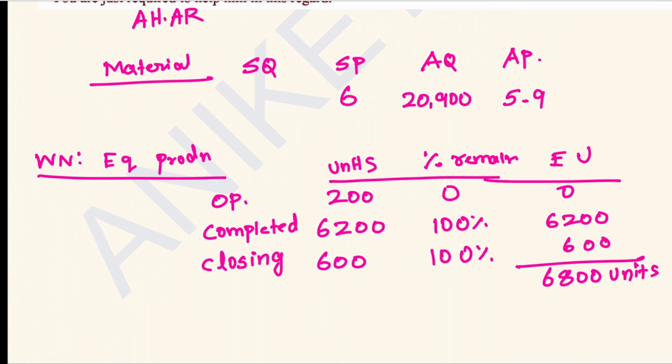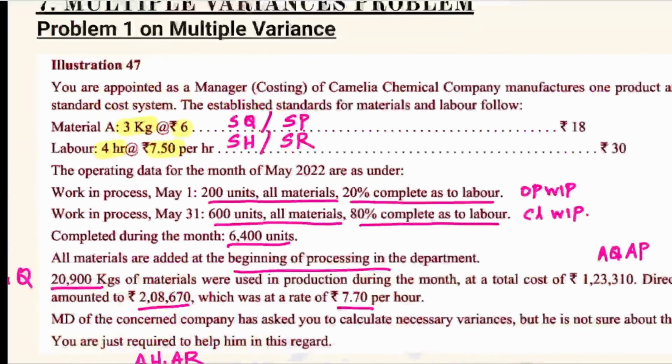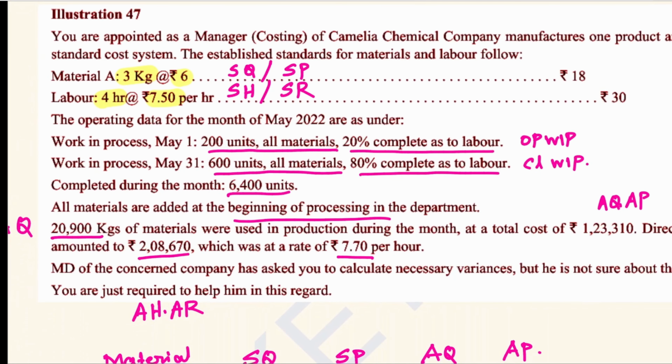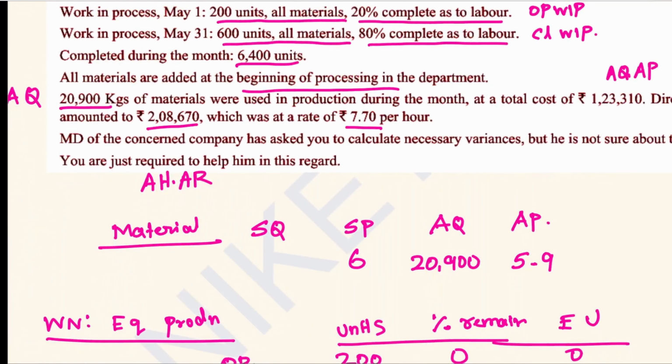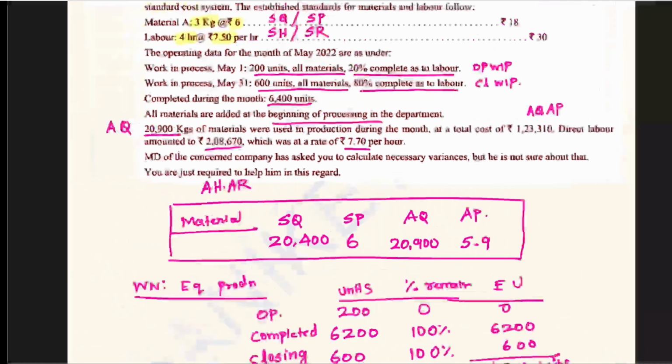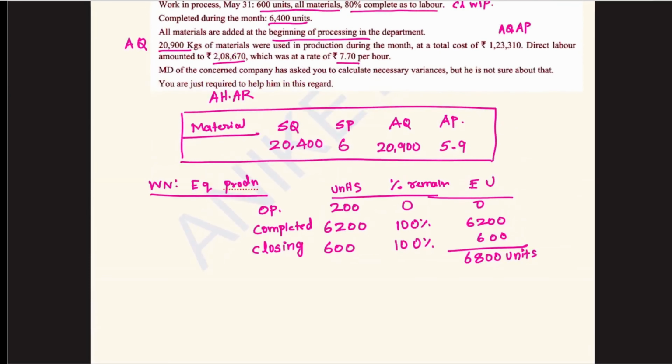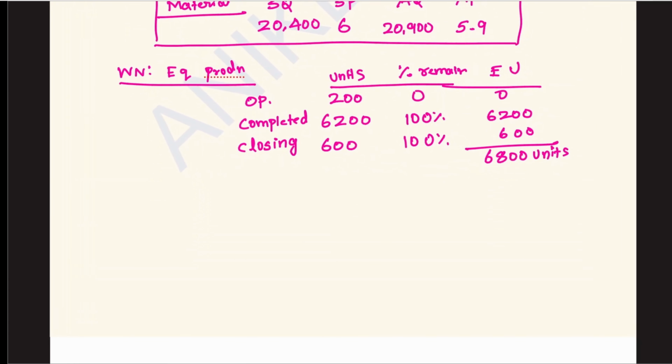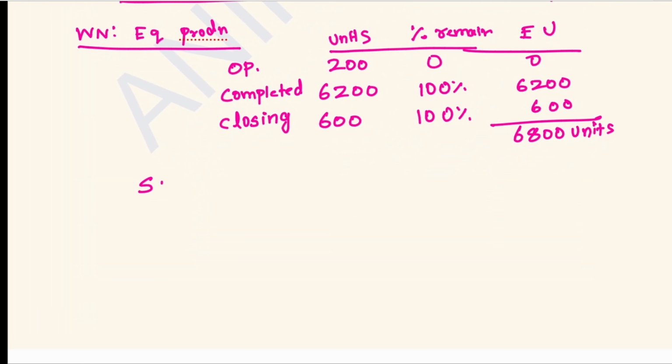Now 6800 is the standard quantity, equivalent quantity. Per unit I need 3 kg. So 6800 into 3 is my standard quantity, 20,400. So now I have the table with me. Now I can calculate the factor table. SQSP, AQSP, AQAP.